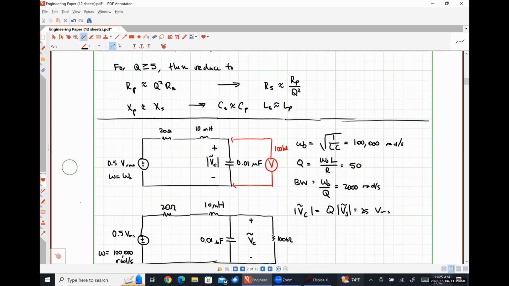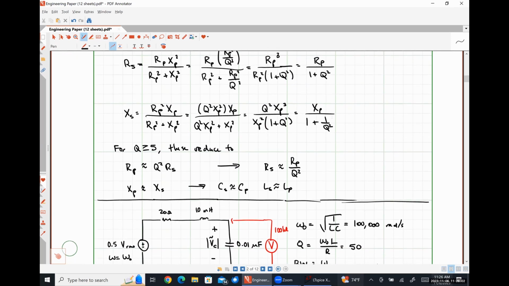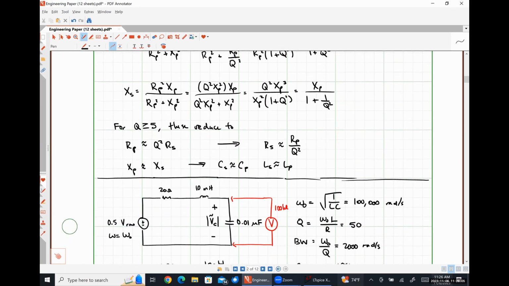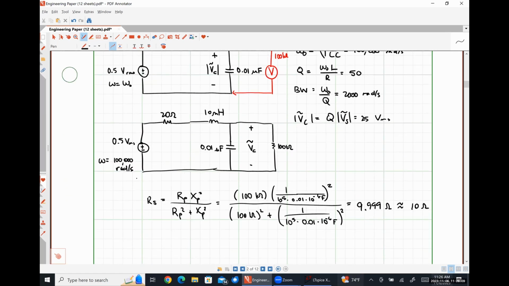Sorry, I'm spacing out. Let me look at the approximation. So for just the RC network, what would the Q be, right?